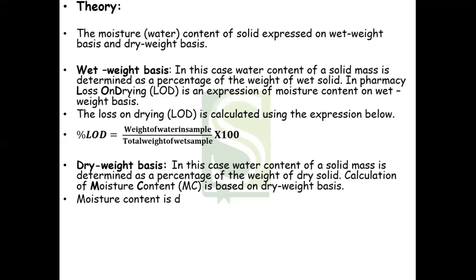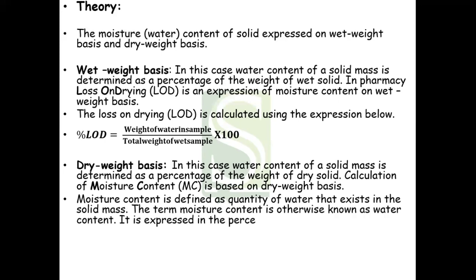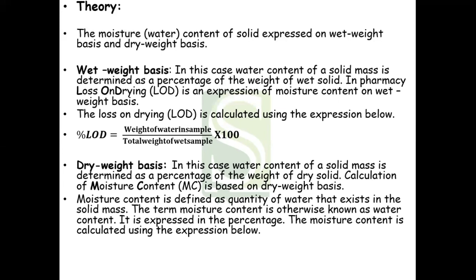So the moisture content is defined as the quantity of water that exists in the solid mass, or we can just say the amount of water which is present inside that solid. The term moisture content is otherwise known as water content. It is expressed mostly in terms of percentage. So moisture content and loss on drying, these two quantities are expressed in terms of percentage.